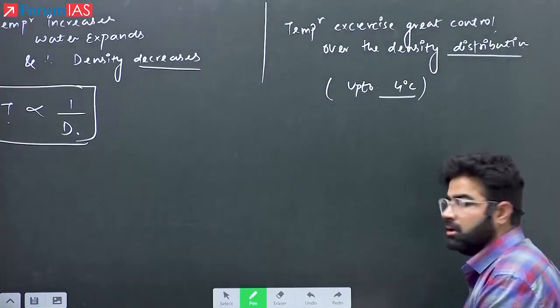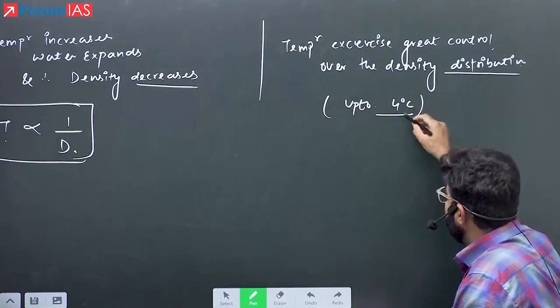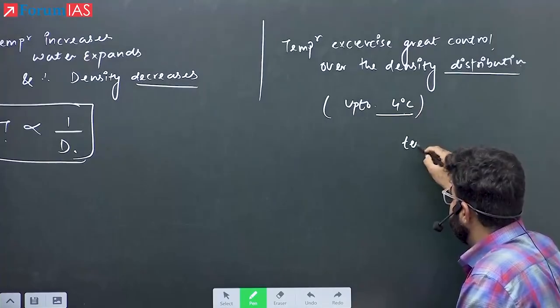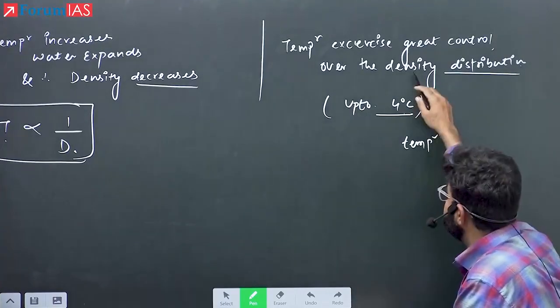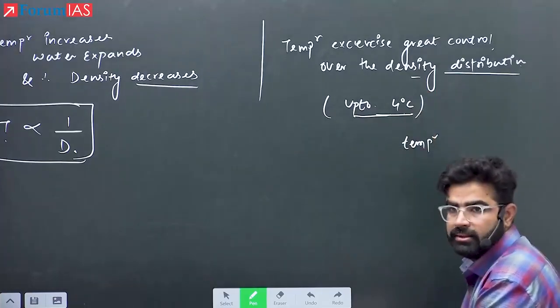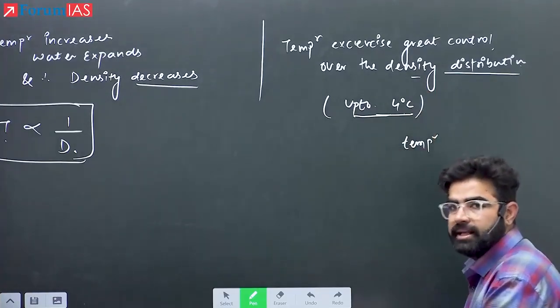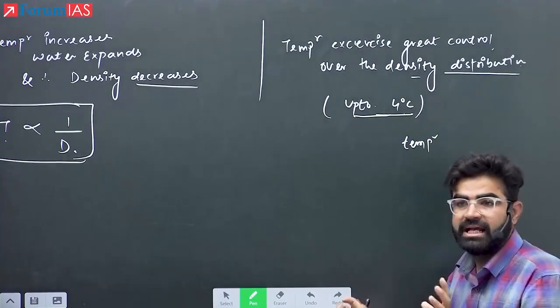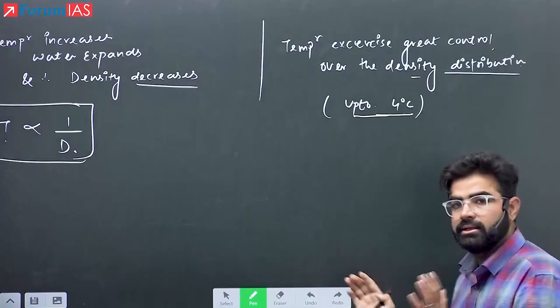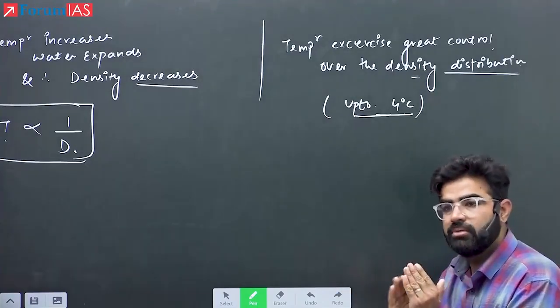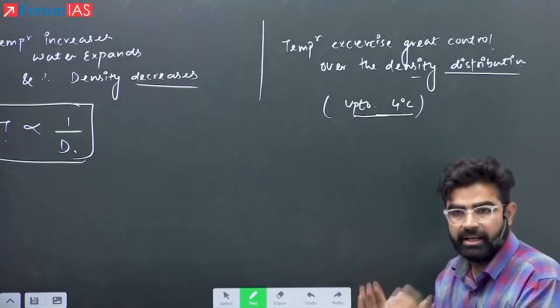So beyond less than 4 degrees C, now onwards the temperature will have very less effect on the density. ठीक है? It will have, but the major control was exercised up to here. ठीक है? So now onwards the temperature will not be the main factor behind the density. ठीक है? Because the molecules are already at a minimum distance from each other. Already they are highly compacted.